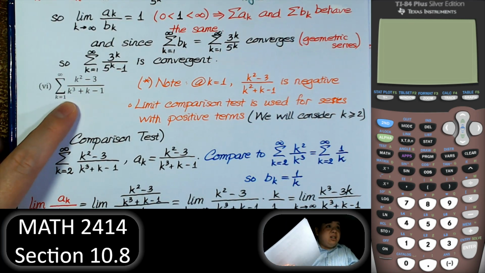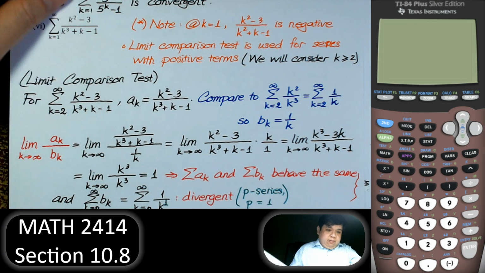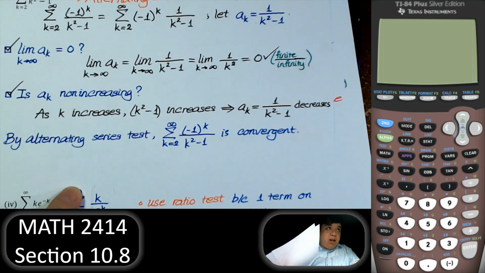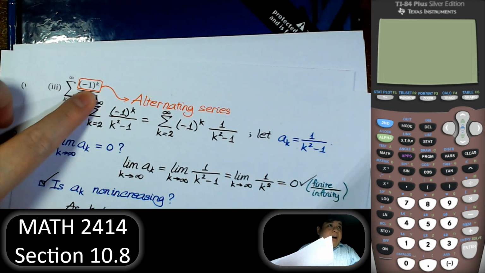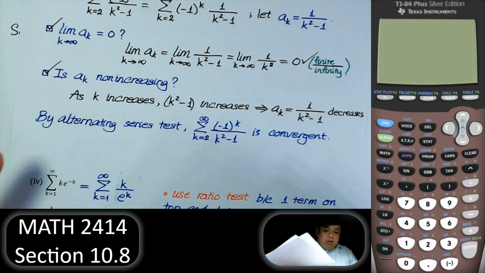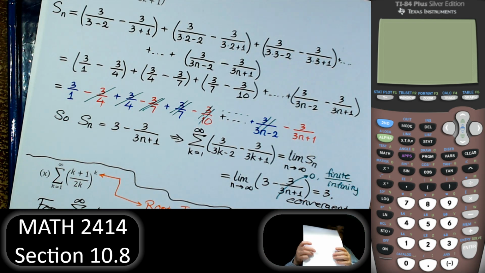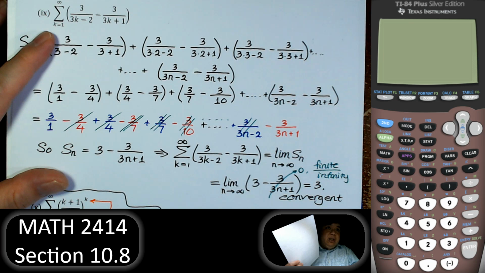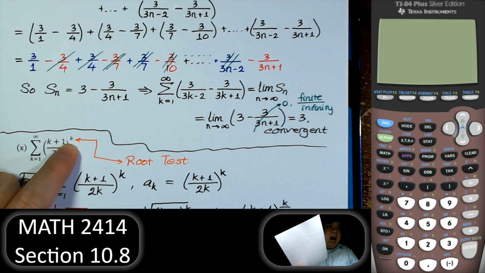For something like that, we can ignore the first few terms, so it's still positive. If we just have a term on the top and a term at the bottom, that's the ratio test. When we have negative 1 to some power, it's the alternating series test. And on the special case, we have the alternating series as well. The root test is where we have the power.